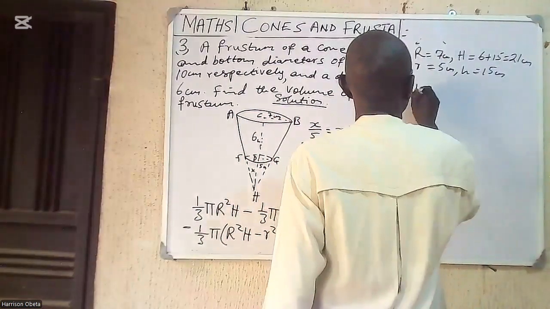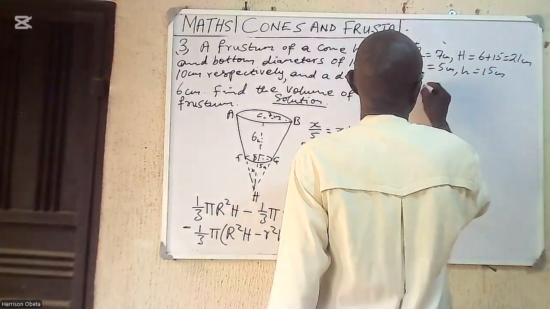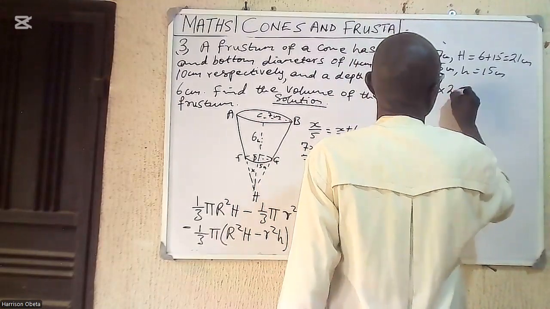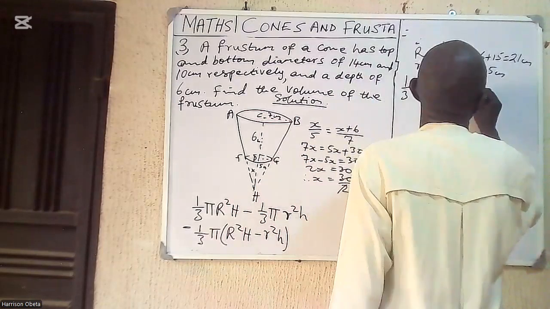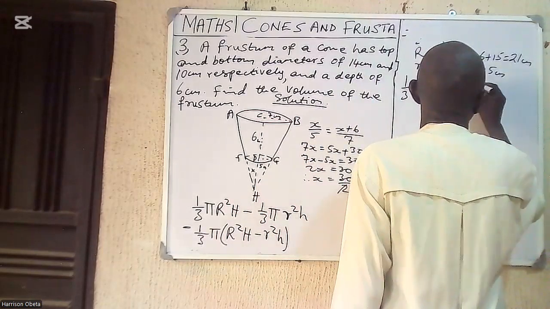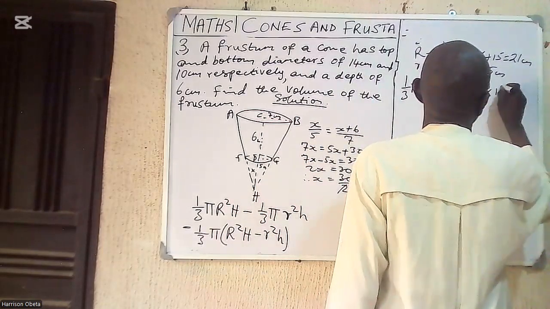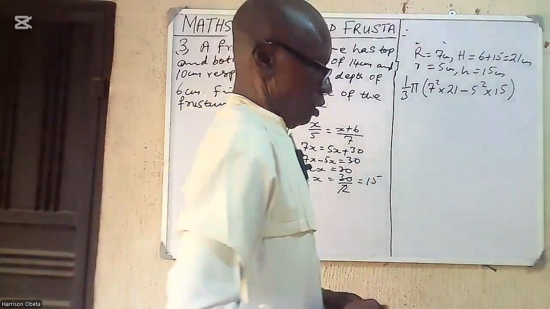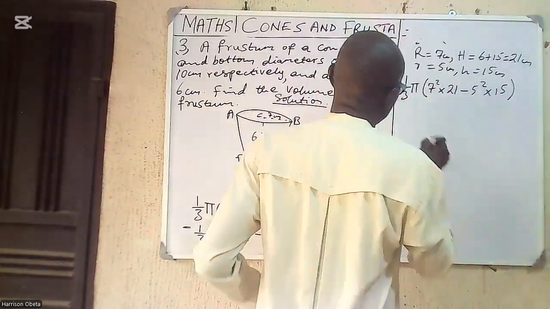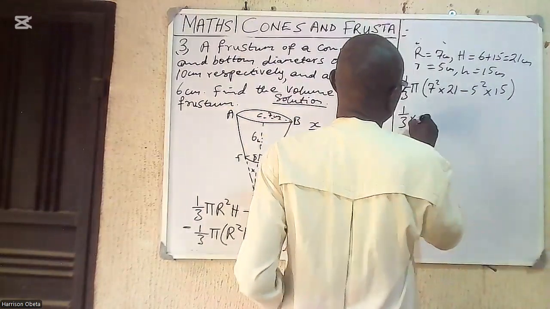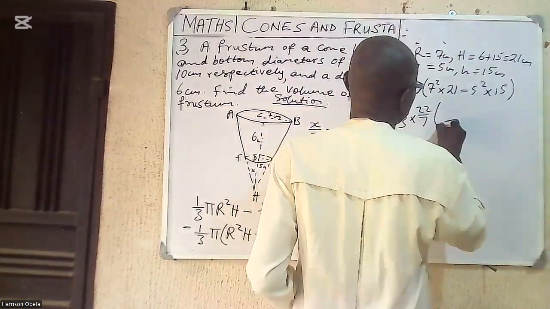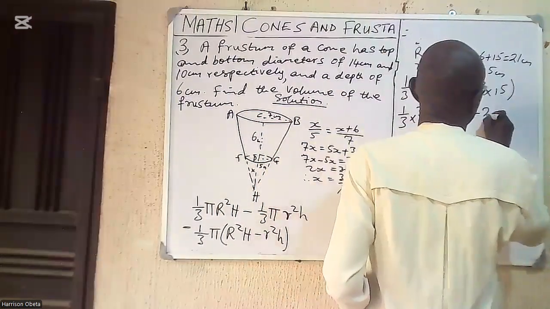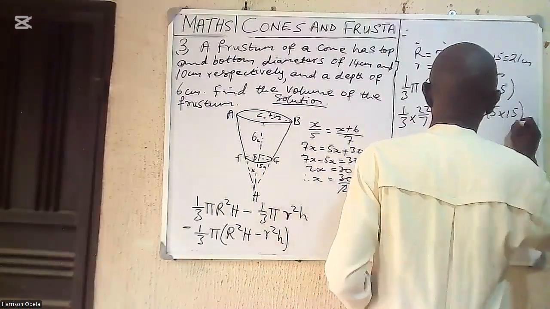That should be 1 over 3 pi bracket 7 squared times 21 minus 5 squared times 15. You close your bracket, and that is 1/3 times 22/7 into 49 times 21 minus 25 times 15.